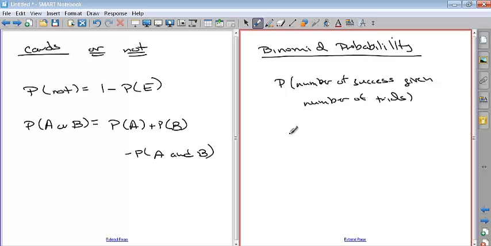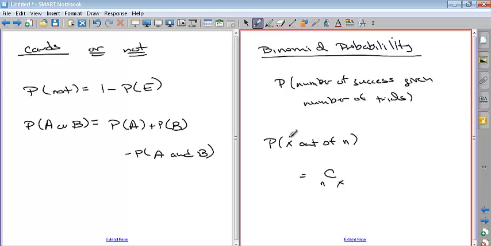anyway, what we said was the probability of, let's say, X out of N, we'll use X. X is the number of successes, N is the number of trials, is equal to, use the combination formula, N taken X at a time.